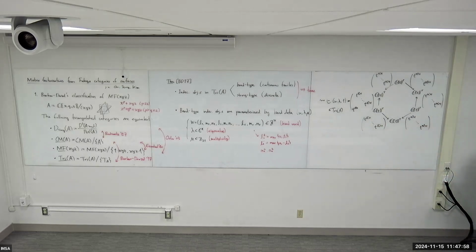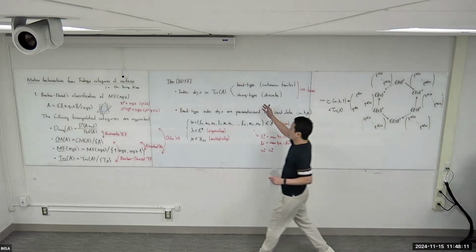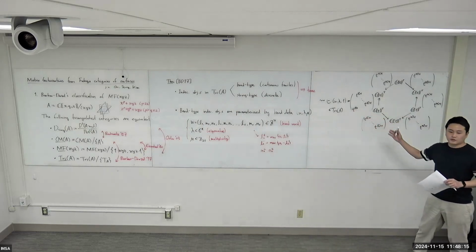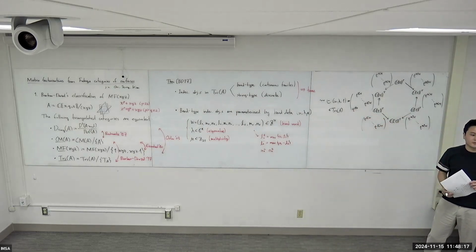Yeah, maybe I have one stupid question. Could you do this over some field other than C? Yes. Any algebraic kind of fields? The formalism was over any field, but for this classification, I will choose an algebraically closed field.